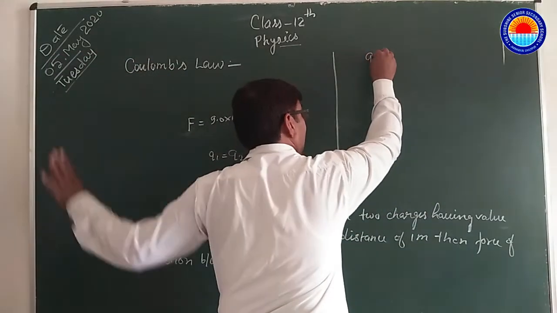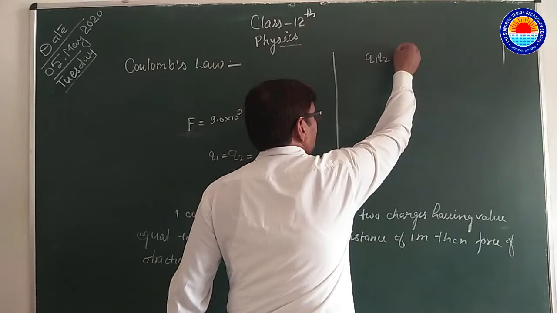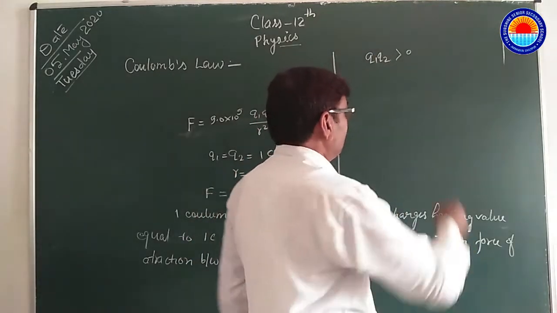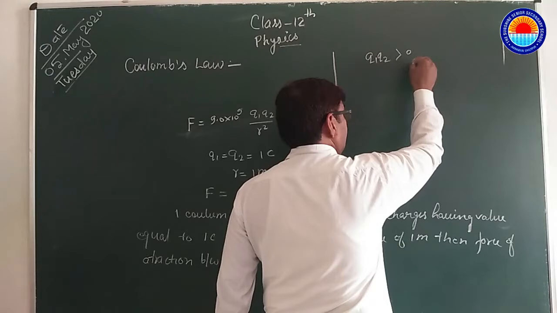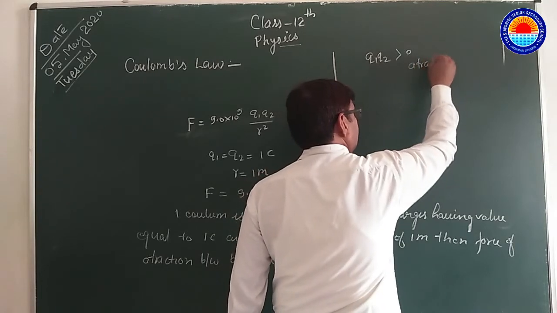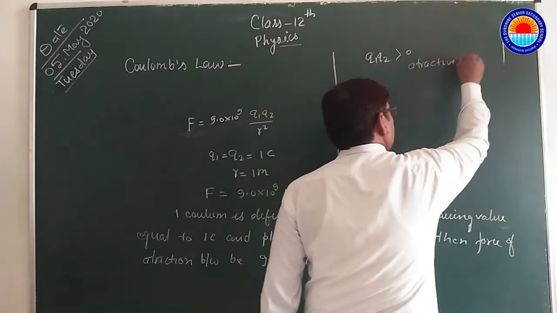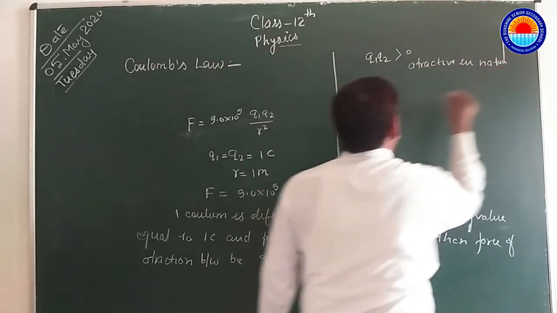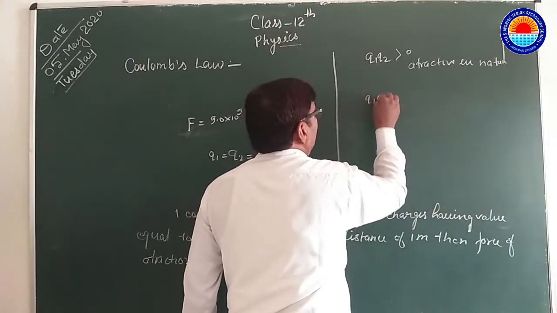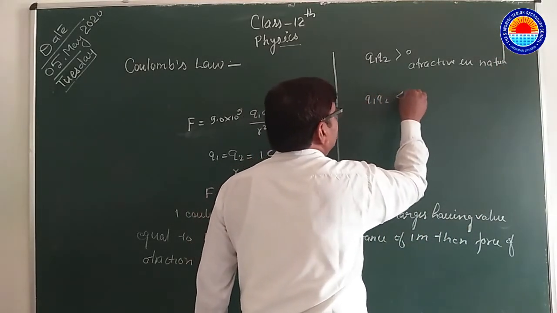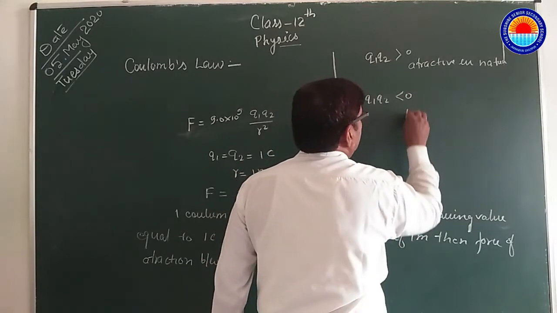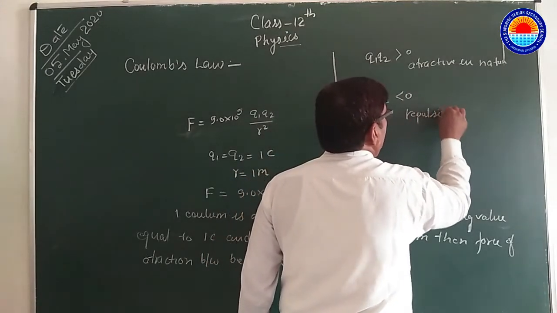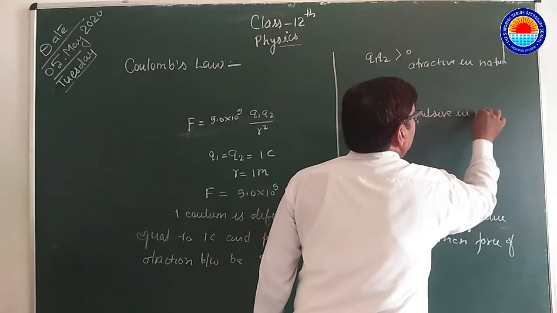When the product Q1 Q2 is greater than 0, that means positive, then the force is attractive in nature. And when Q1 Q2 is less than 0, then the force is repulsive in nature.